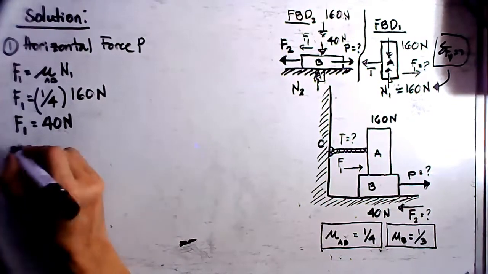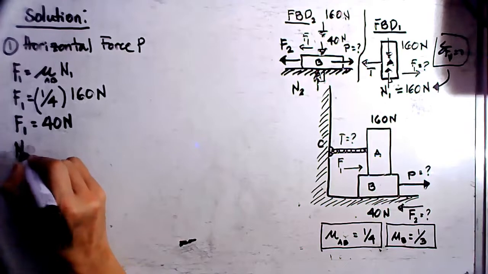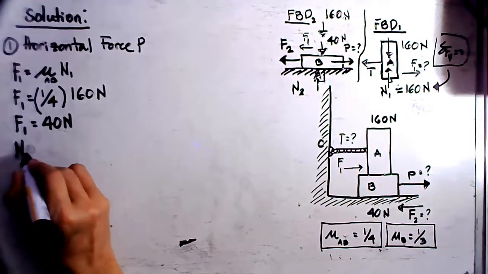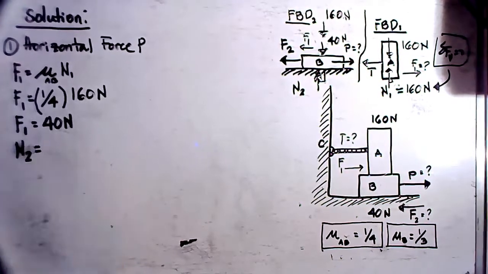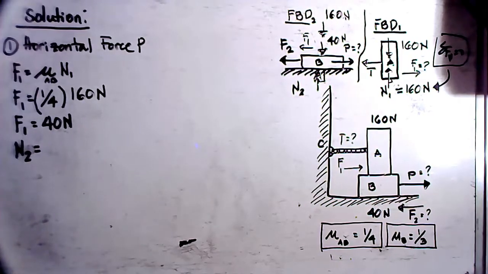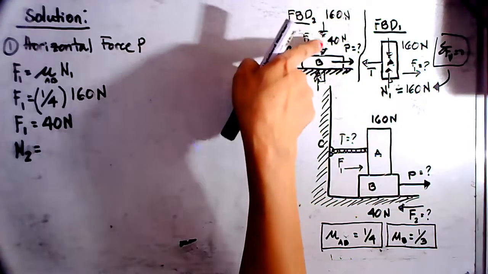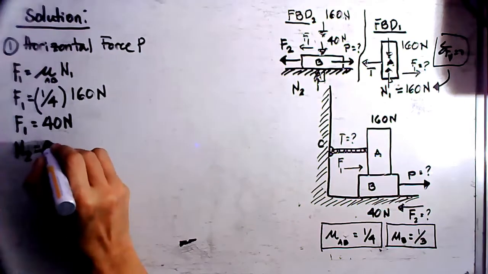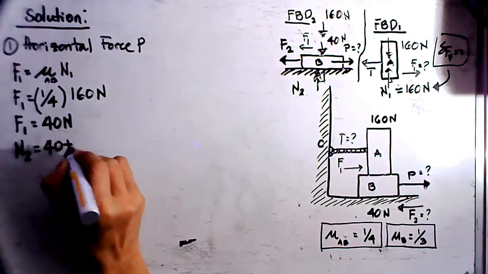So if you are going to look for N sub 2, N sub 2 is simply equal to 40 plus 60.